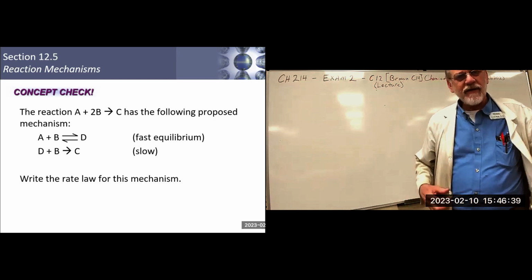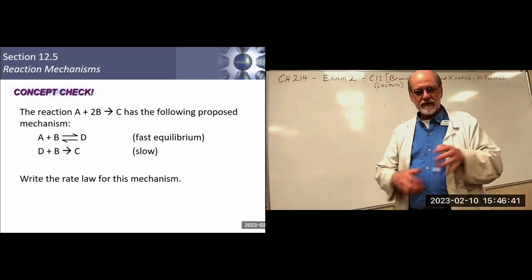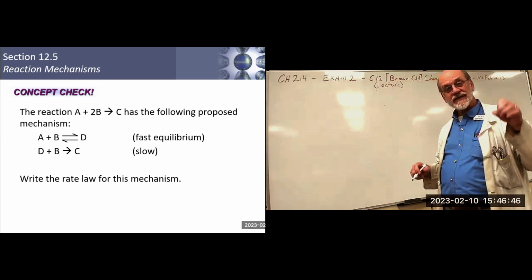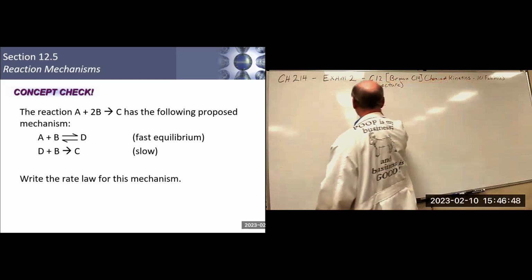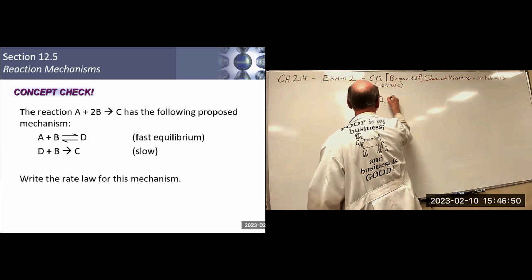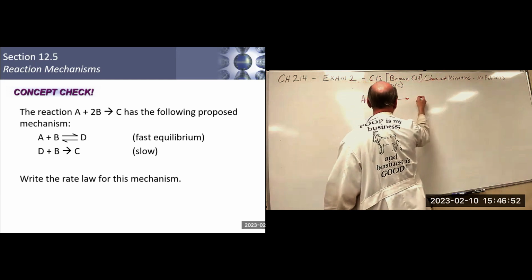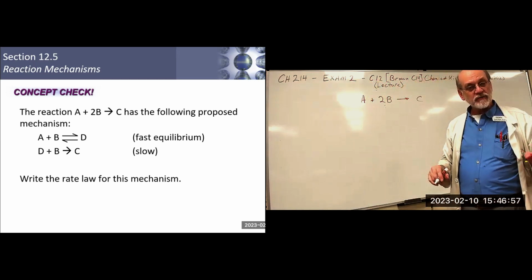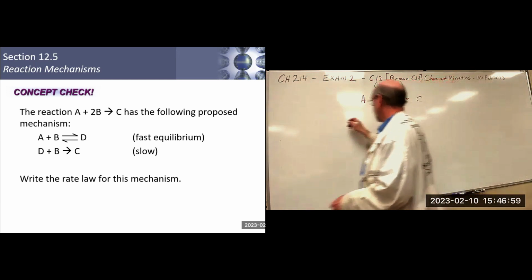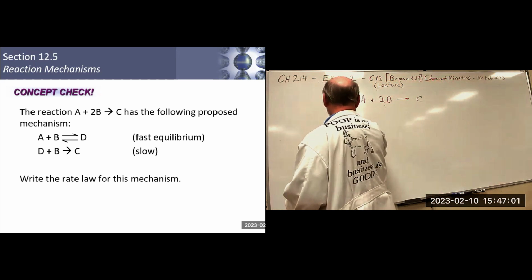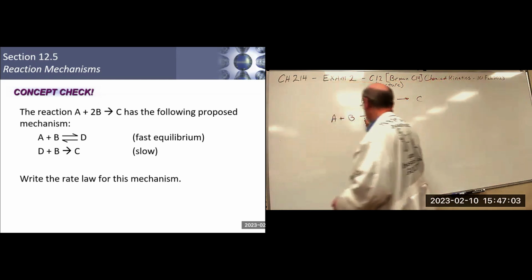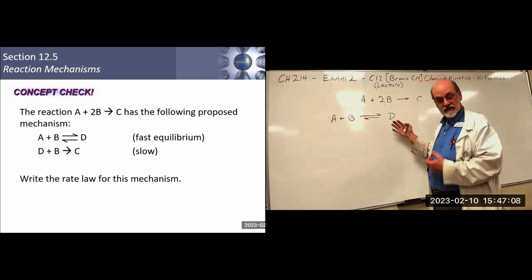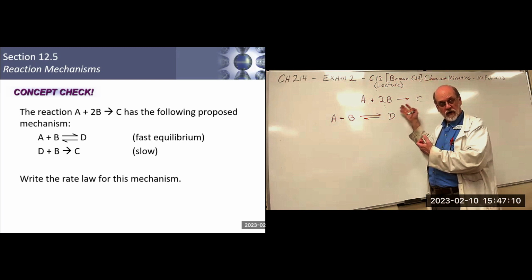This one's going to look kind of hairy, but stay with me. The overall reaction is A plus 2B equals C. The proposed mechanism has A plus B in a fast equilibrium produces D. So there's an intermediate here that's not in the overall equation.